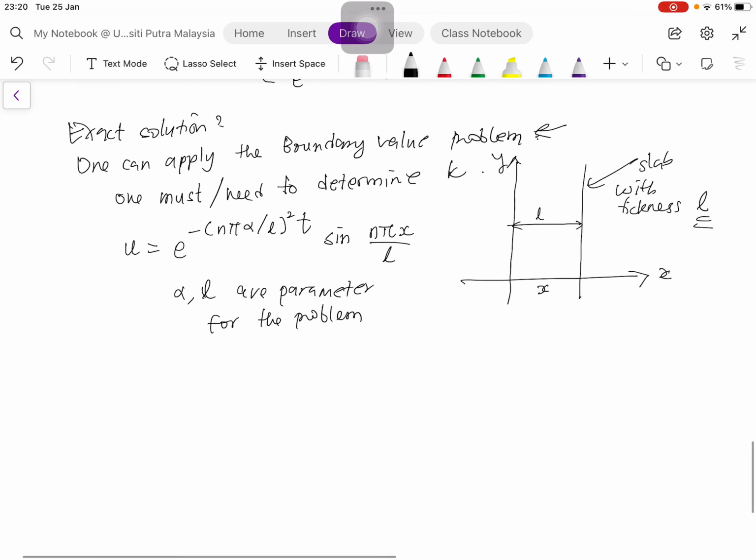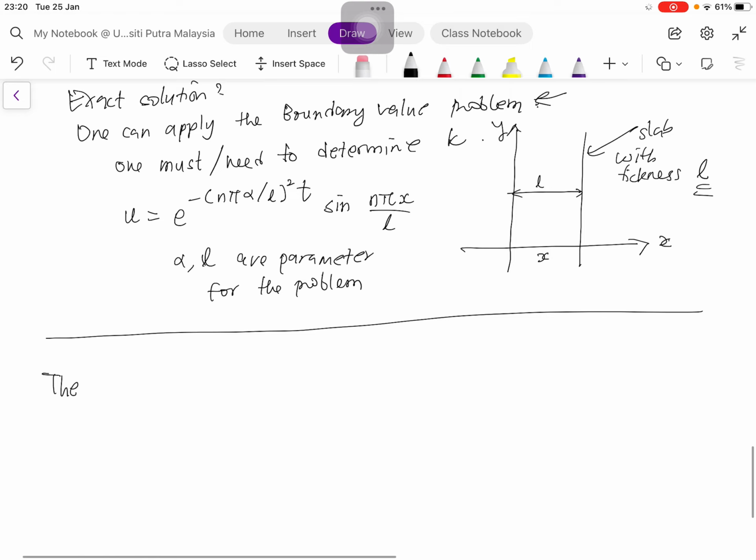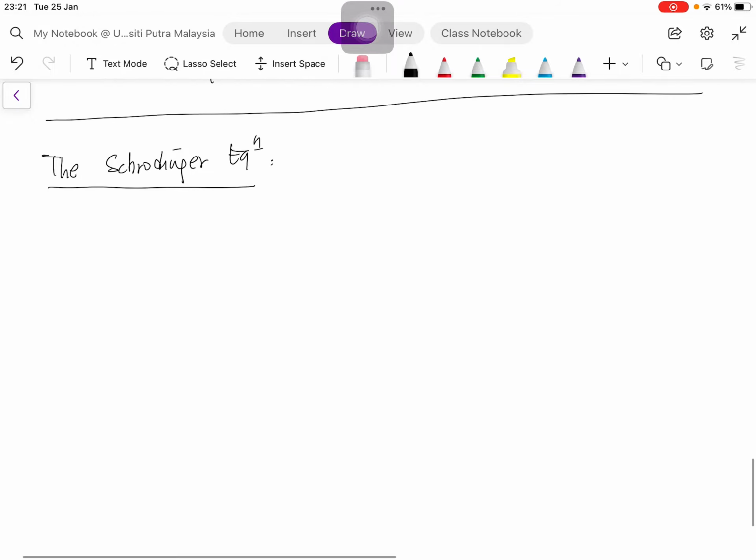Alright, let's try to look at another equation. This is a simple one, you have done this before. We look at the Schrodinger equation. So for the Schrodinger equation, the solution that you assume is psi, so you have phi of x, y, z, and then you have a function of t.